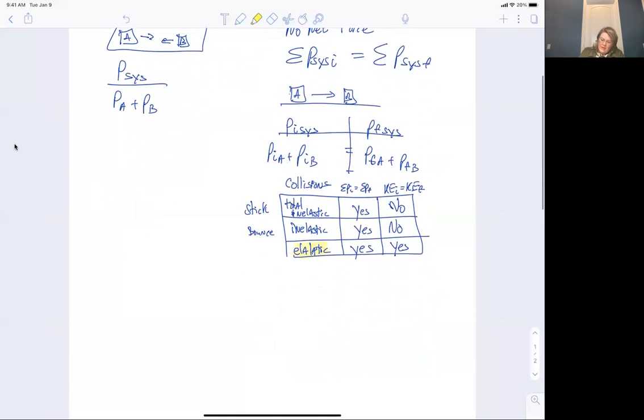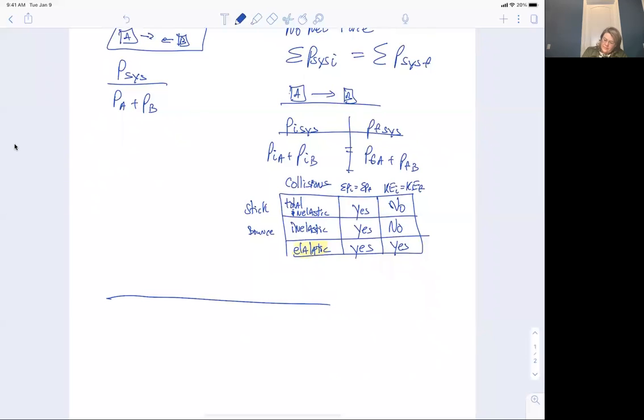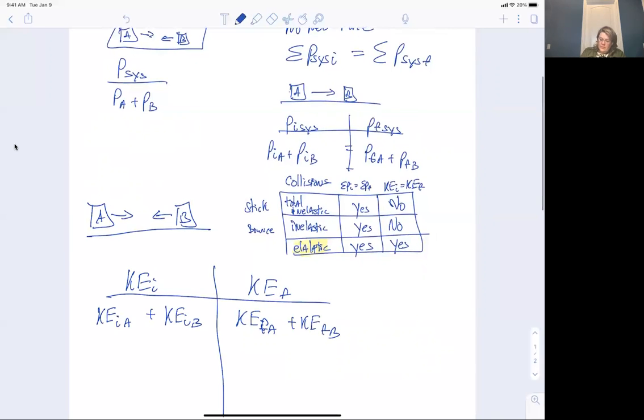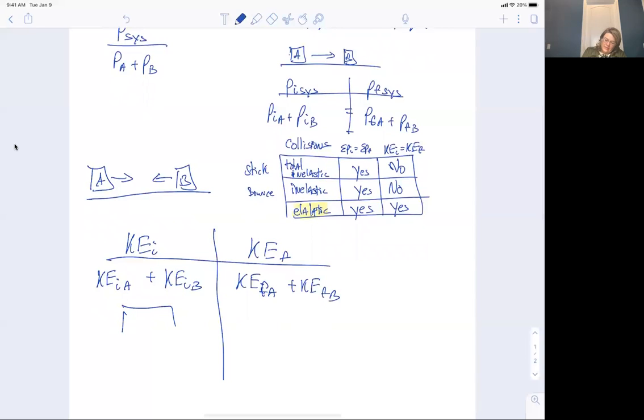Okay, how do I calculate the kinetic energy of a system? I have kinetic energy initial, kinetic energy final. Let's say I had 2 blocks, they're traveling, and I would calculate the kinetic energy initial of A plus the kinetic energy initial of B, and I would calculate the kinetic energy final of A and add it to the kinetic energy final for B. And whatever this number is, which is in units of joules, you can compare that.